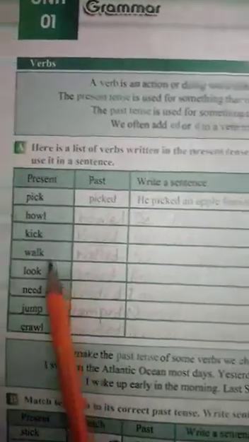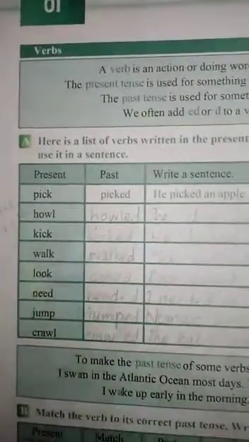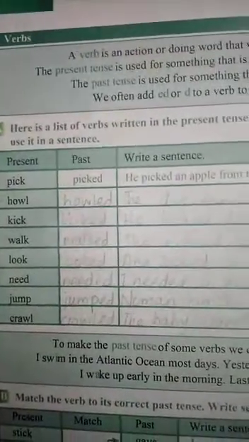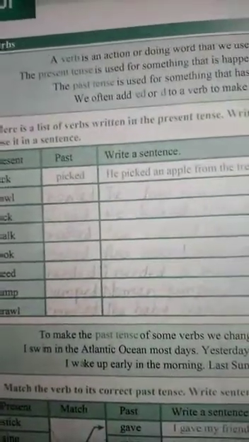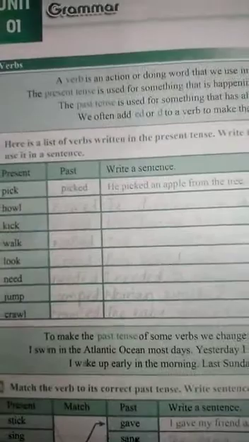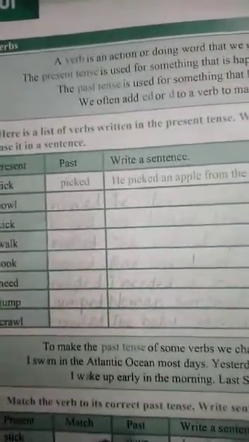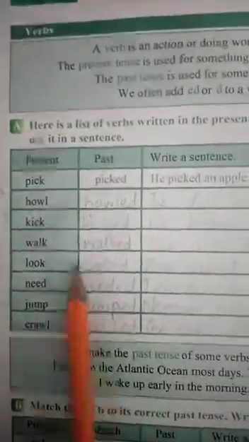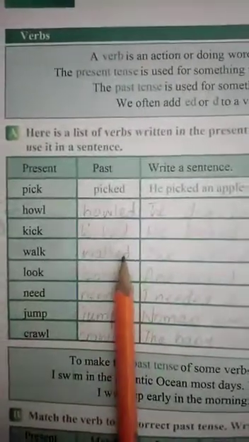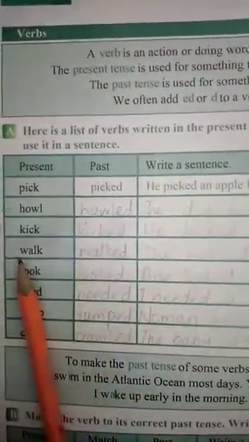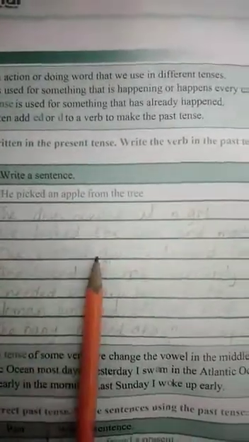Look at the next one. This is walk. What is the meaning of walk? Walk means to move or go or step out, and the second form is made by putting ed with it, from walk to walked. The sentence is: She walked quickly towards the door.